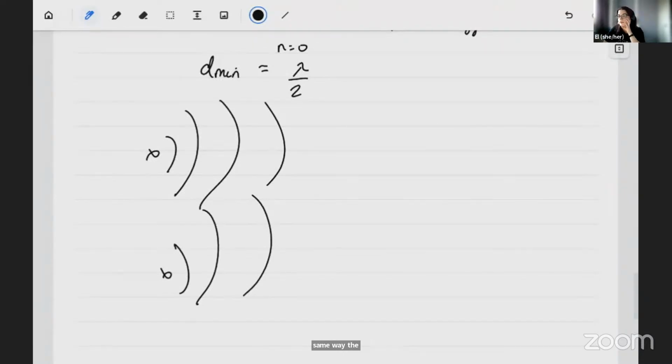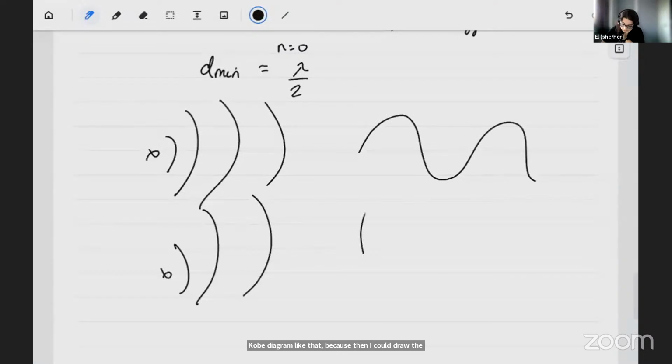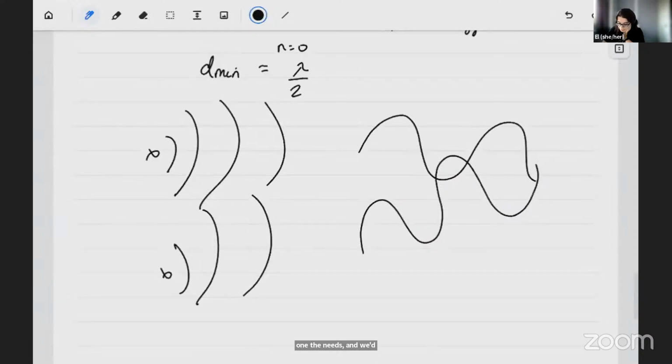I think it is made clearer with the curvy diagram like that, because then I could draw the one underneath, and we'd be able to easily identify that this is the trough of the top wave, and then this is the peak of the bottom wave, and that when they superpose together, when they add together, we'd be able to see that we get 0 there, whereas I don't think it's as clearly illustrated with the wavefronts, so we would try and stick to these kinds of wave diagrams.